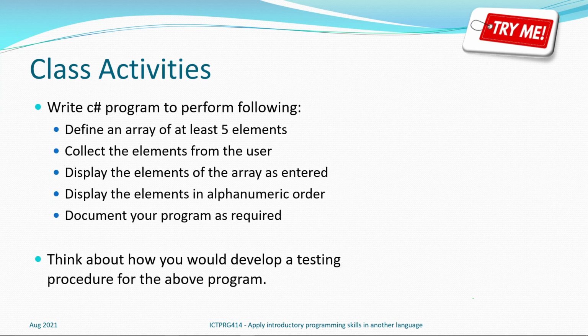Alright, so the next class activity to do is to go off and define an array of at least 5 elements, have that input created by the user, display the elements in the array as they were entered, and then display the elements in alphanumeric order.